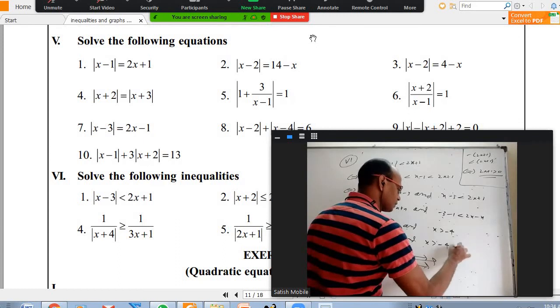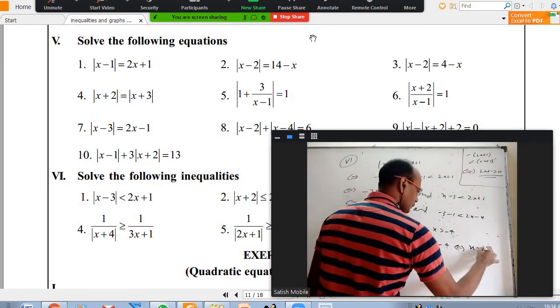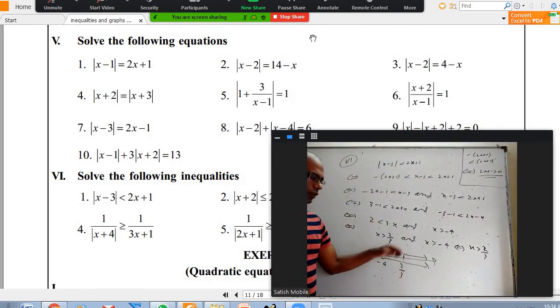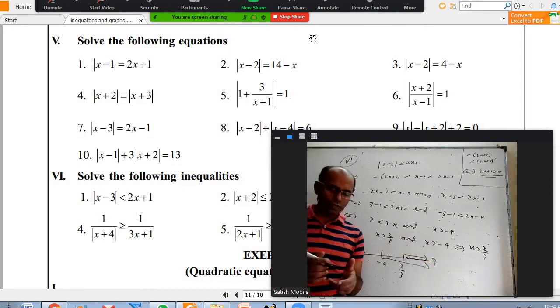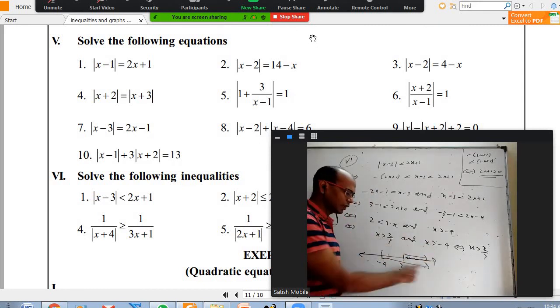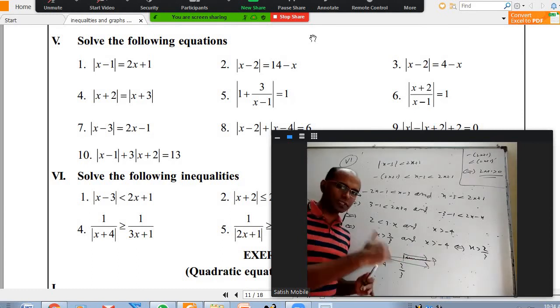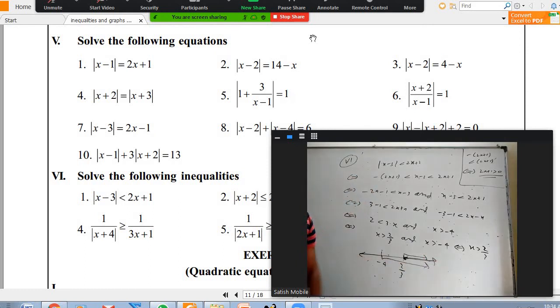So x is greater than 2 by 3, and automatically more than minus 4. And means the common region. Whenever we want the and of two inequalities, identify the region of one inequality below the number line and the other above the number line, see which region is in both, and highlight it. That is the open interval 2 by 3.